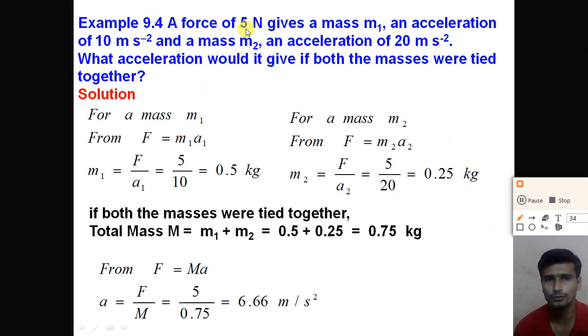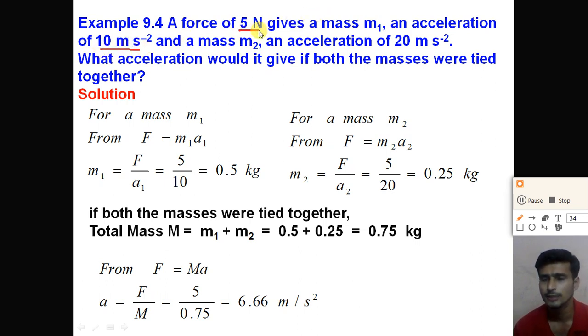A force of 5 Newton gives a mass m1 an acceleration of 10 meter per second square. So when we apply a force of 5 Newton on a mass m1, the acceleration produced is 10 meter per second square.